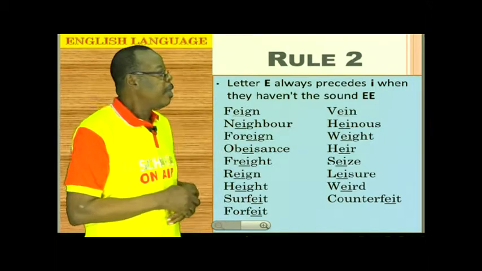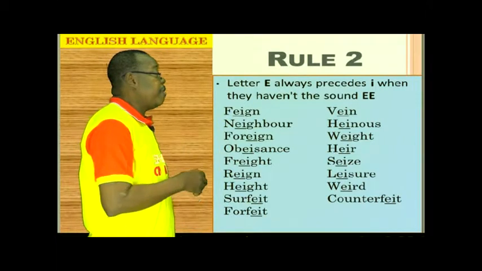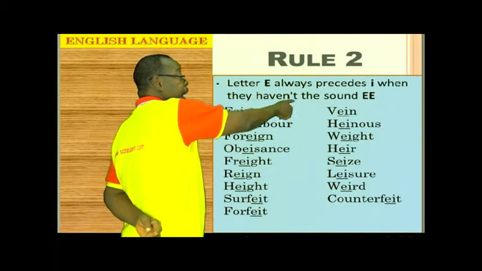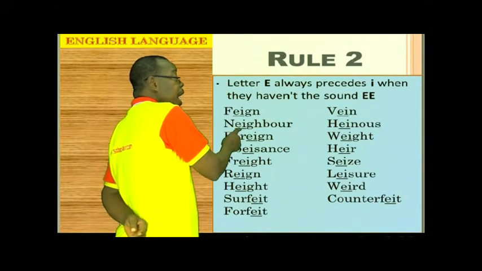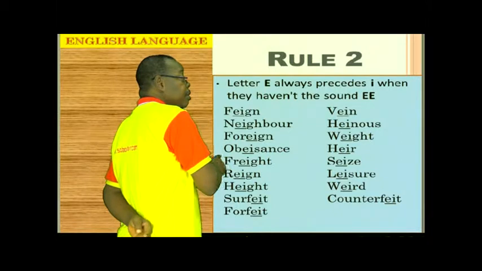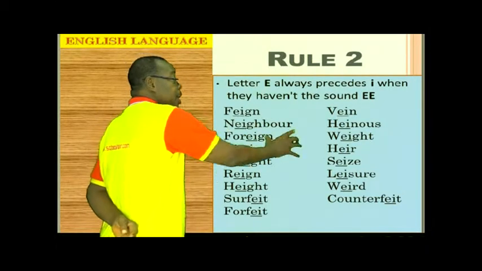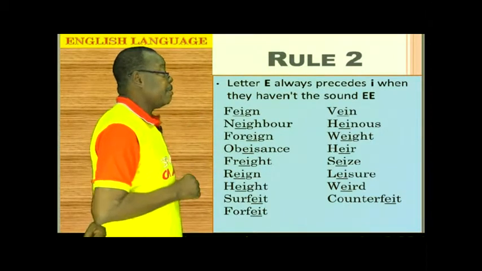Now, you now have occasions where you have EI when you have the sound of A. Look at all these words on the board. You will see that they have EI.